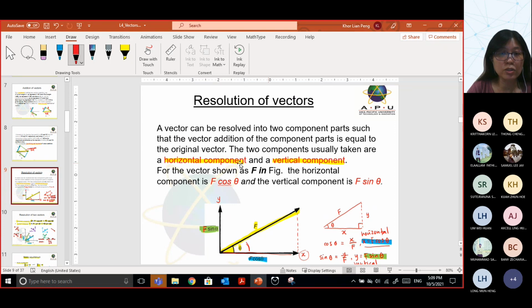Resolve the vectors into two components, horizontal and vertical. Please take note, if the theta is to the horizontal, we always calculate the horizontal component by cos theta, and the vertical by sine theta.